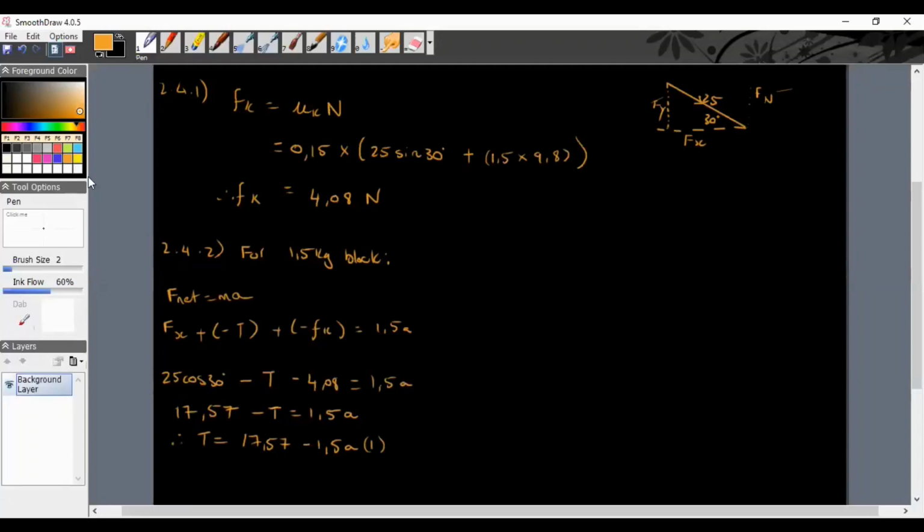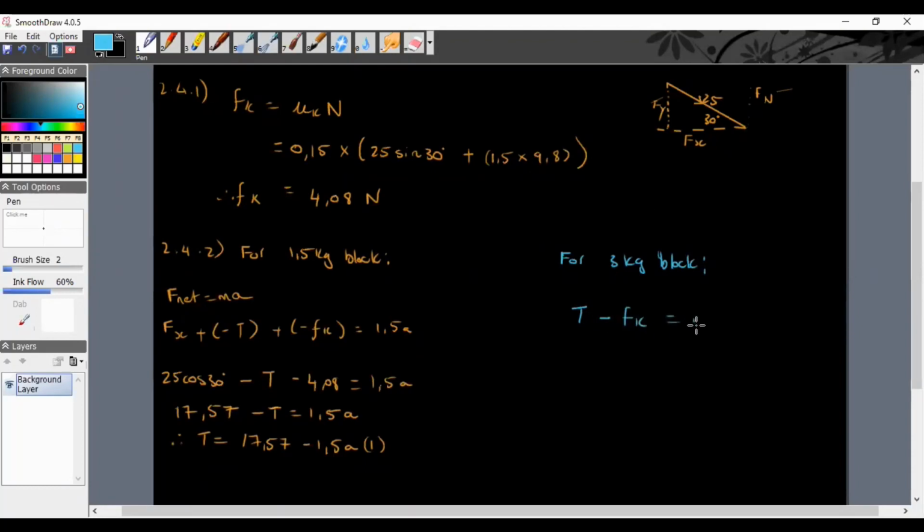Then we'll change color, and we'll say, okay, for the 3 kilogram block, you only have 2 forces acting on it: tension, which is going that way, plus friction.